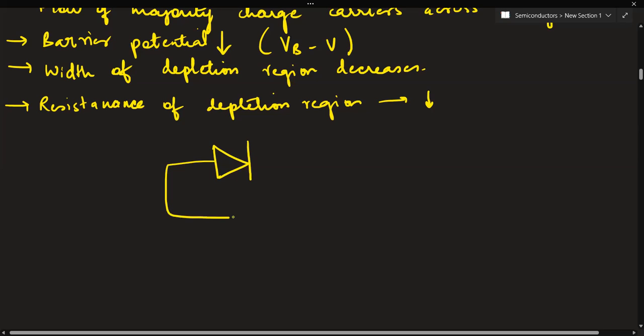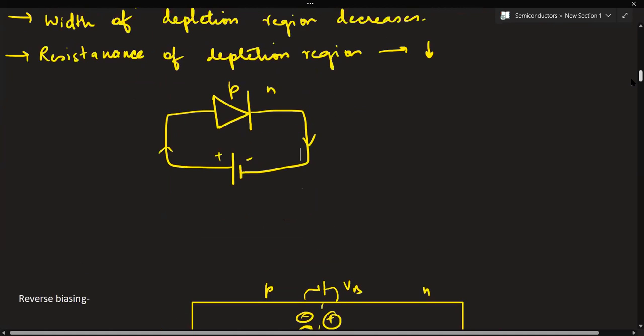The P part is connected to the positive terminal of the battery, while the N part is connected to the negative terminal of the battery. In this manner, current will flow. You can also represent it through a graph: if this is the potential of the P part and this is the potential of the N part, the difference between them will represent the barrier potential.